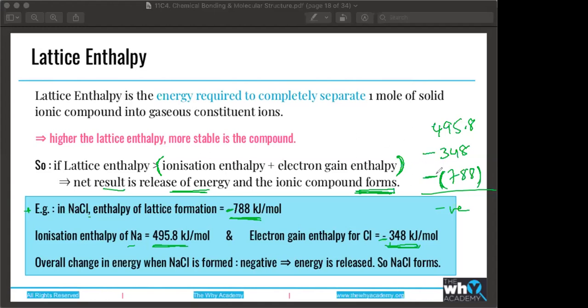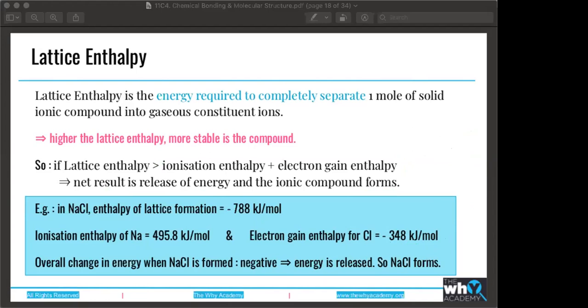So high lattice enthalpy means you need to consider the number that is here. The overall thing is negative, which favors the formation of NaCl. Negative means overall energy is being released, so NaCl forms.